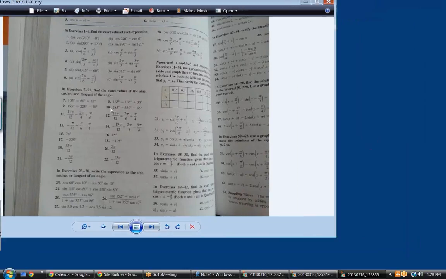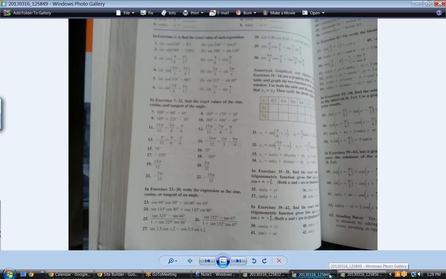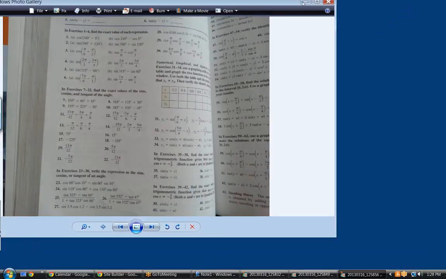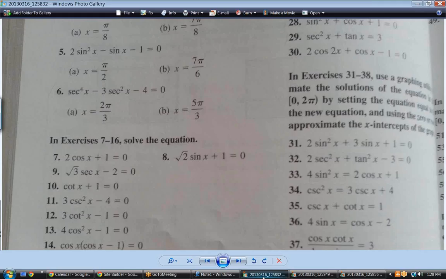This is the third page. This is the second page. All right, this is what we need to do next. This is, nope, not this one. Probably this one.